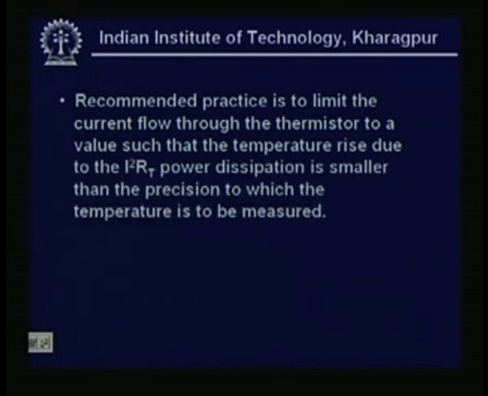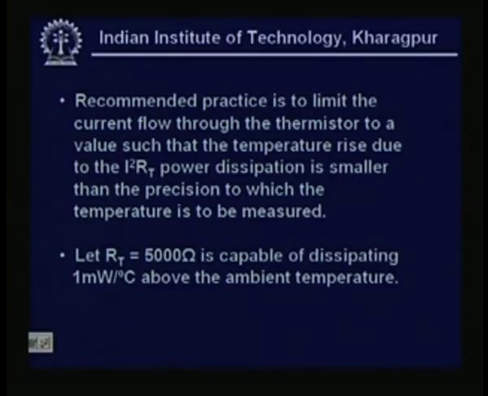Recommended practice is to limit the current flow through the thermistor to a value such that the temperature rise due to the I square RT power dissipation is smaller than the precision to which the temperature is to be measured. Okay. So, actually the precision will tell you how much current you will pass through the thermistor, right. So, sensitivity and precision, if you look very carefully, go side by side.